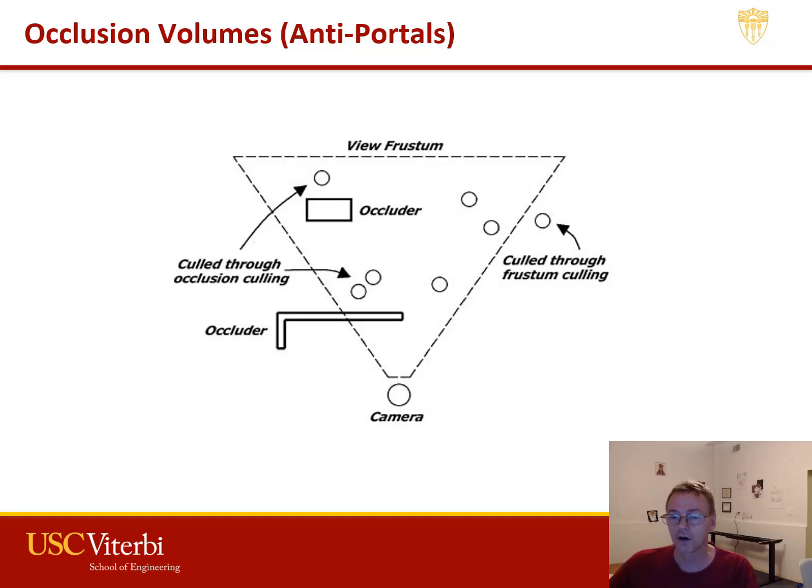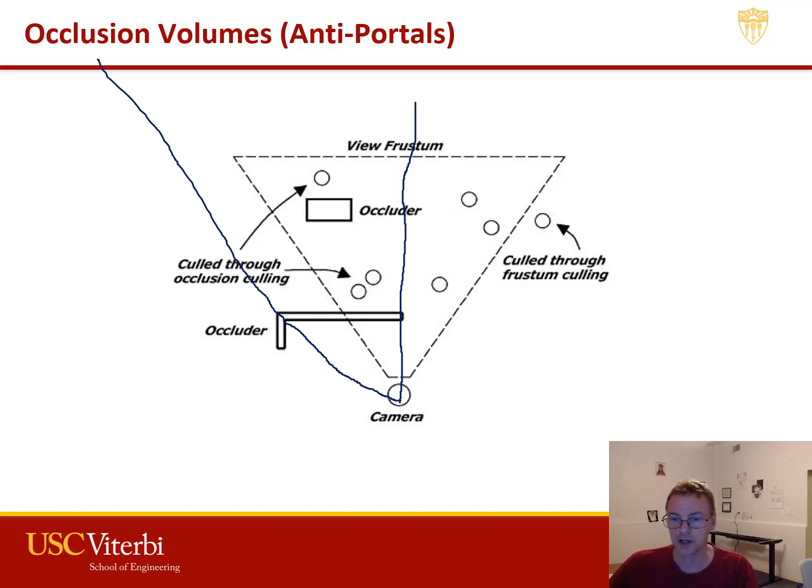So when we make our occluder, when we make our frustum, here's the frustum right here, we will say that there's a frustum made by projecting the camera from the point of the camera out through this object, like so.